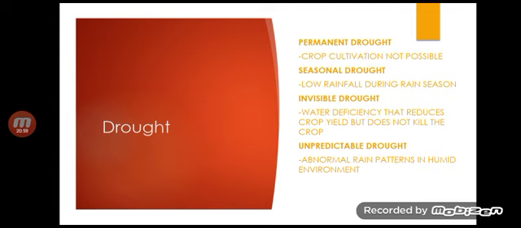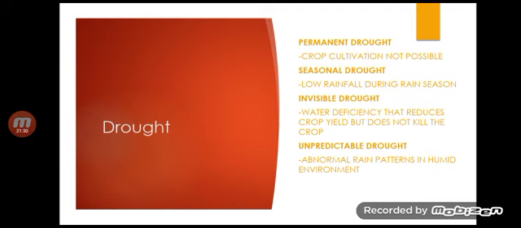Then there is an invisible drought. So what is an invisible drought? Invisible drought is the type of water deficiency that can reduce the crop yield, but does not kill the production of crops. So if you have farmed 1 acre of wheat, and you are getting like 40 kgs, during the invisible drought you will only be getting 4 kg.